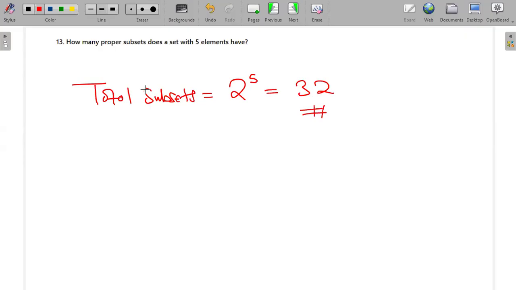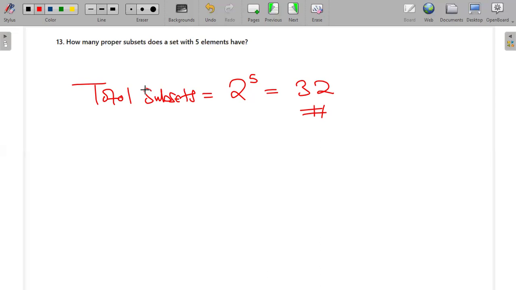Guys, you do not know the improper subsets and the proper subsets? Okay, so we have two improper subsets. We have the set itself and the empty set. The set itself and the empty set are the two improper subsets.